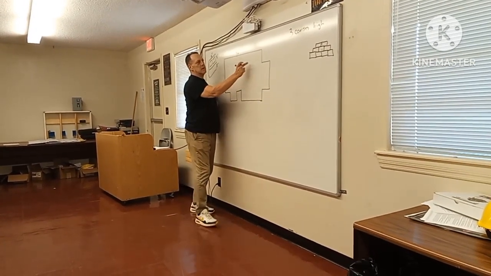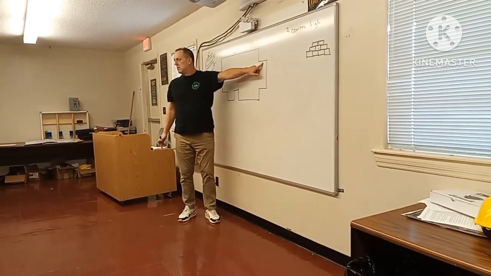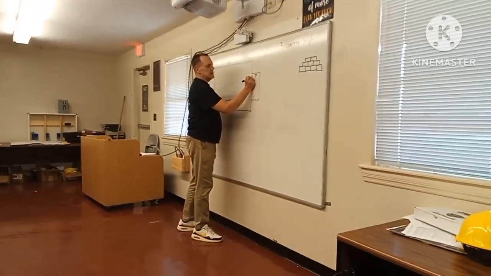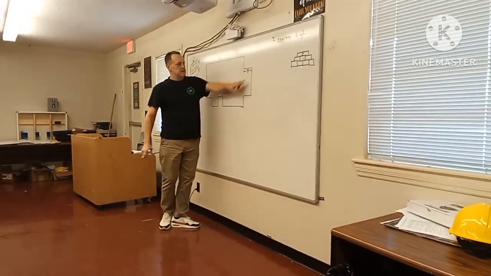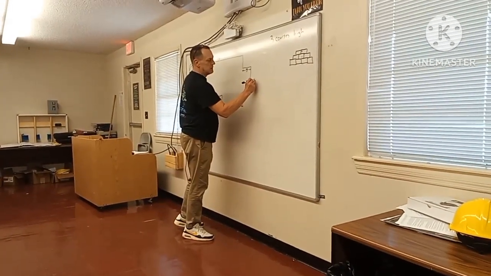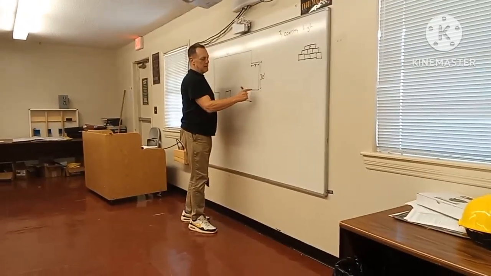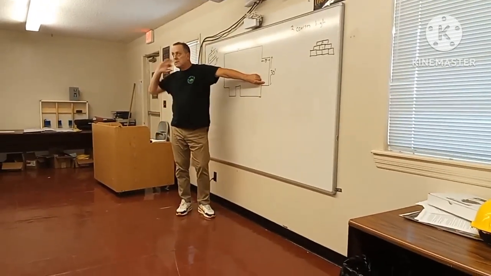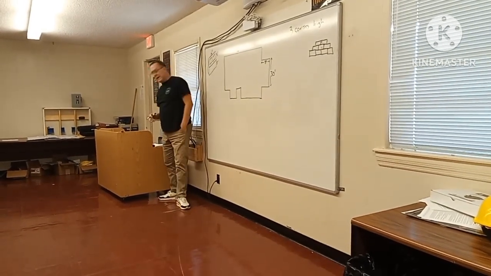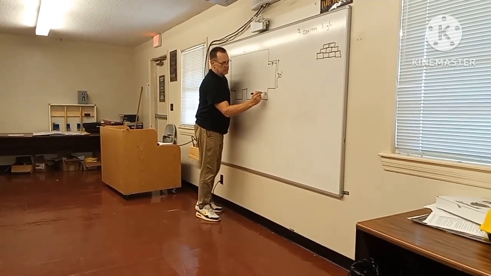All right, how about this wall? Do we got anything? How about this wall? 8? And that's for this section here, right? How about this wall? 30? 30 feet. All right. How about this wall? They give us nothing here. How about here? 10.